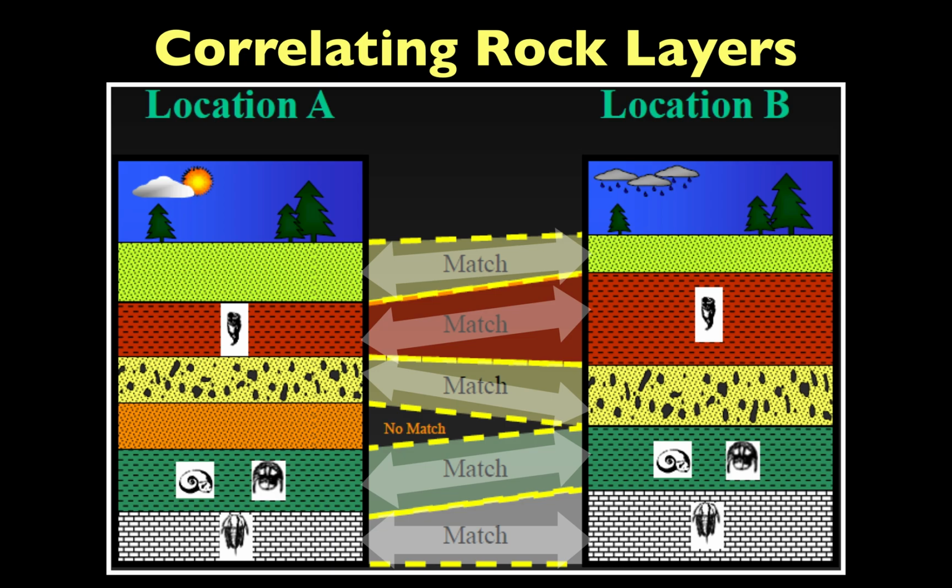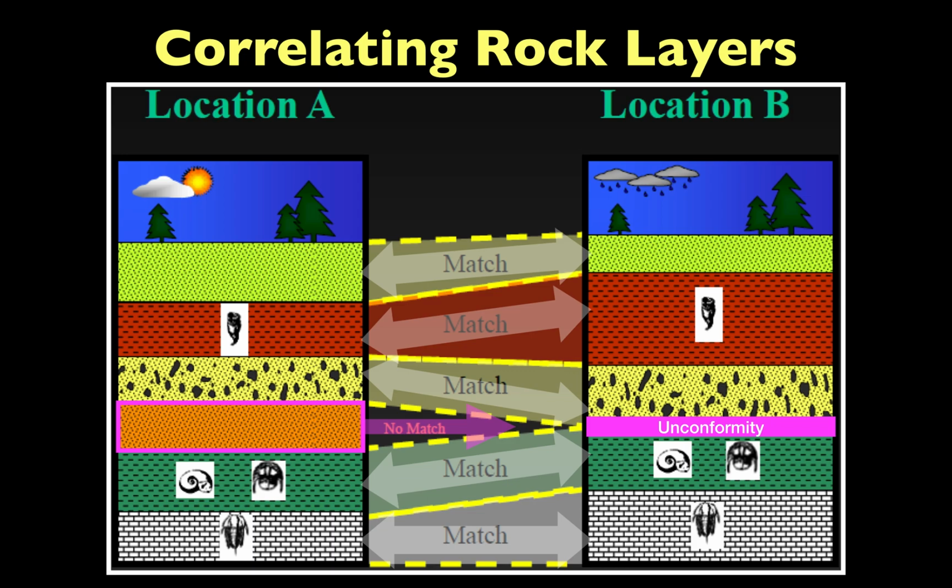So you might be wondering, why does location A have an orange layer that location B does not? There's no match there. Well, that is exactly what an unconformity is. Location B must have, at one point, been subject to uplift, weathering, erosion, and deposition, and that orange layer was completely erased from the record.